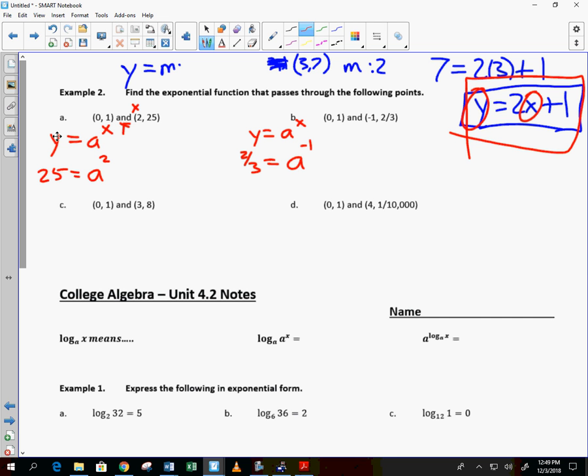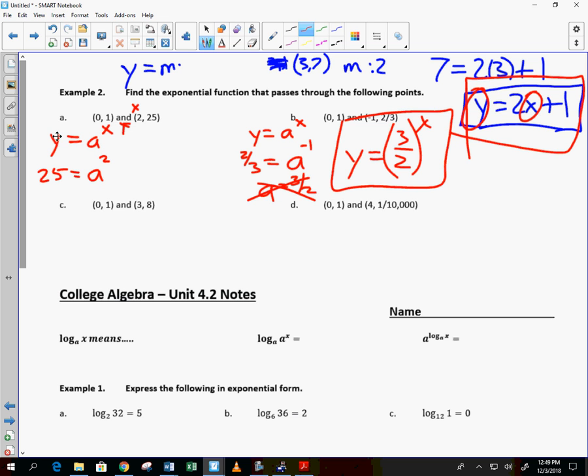So what number do you flip to get 2/3? 3/2. So a is 3/2. So I write my final answer as y equals 3/2 raised to the x power. That'll get me points. That won't.